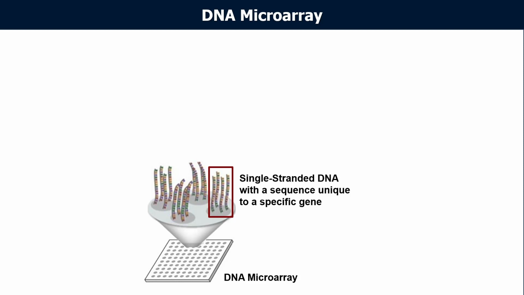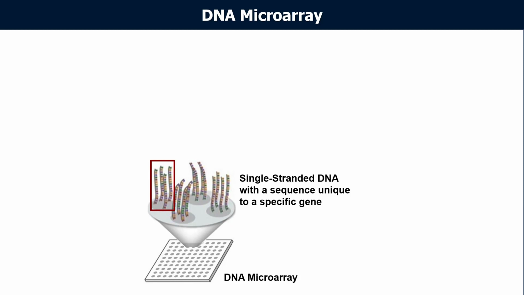Let's pick an example. Let's say the hemoglobin gene. So that's a little region of DNA that we would find uniquely in the hemoglobin gene. Whereas this dot over here has got some pieces of single-stranded DNA that might be unique to the collagen gene. In other words, each little gray dot is a little probe to help identify a specific gene.